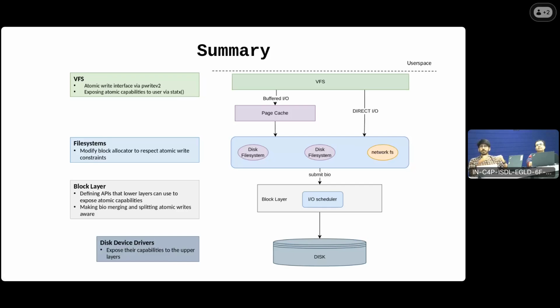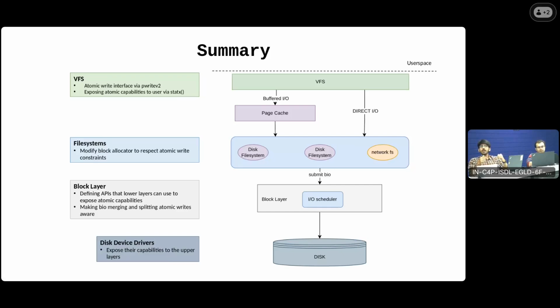We got statx for that. On the file system, we worked on block allocator changes so that it can respect atomic write constraints, and also we explored bigalloc on the ext4 side. The xfs side is also being explored in the community. They have also come up with similar solutions to get atomic writes working.